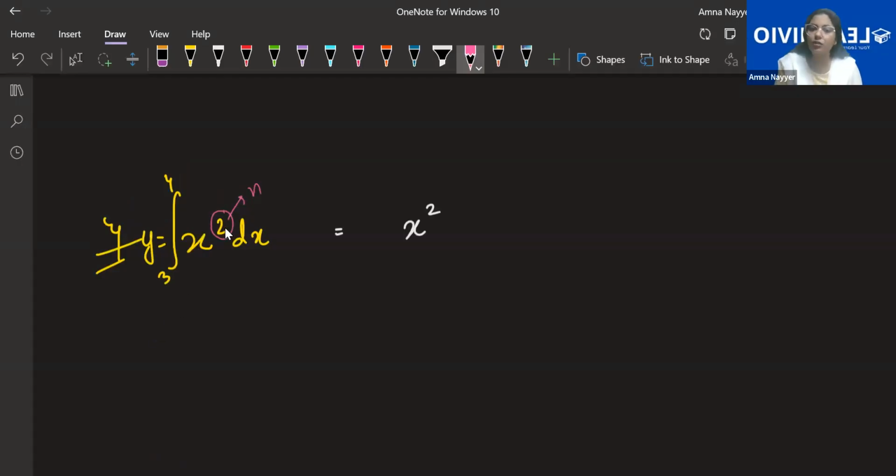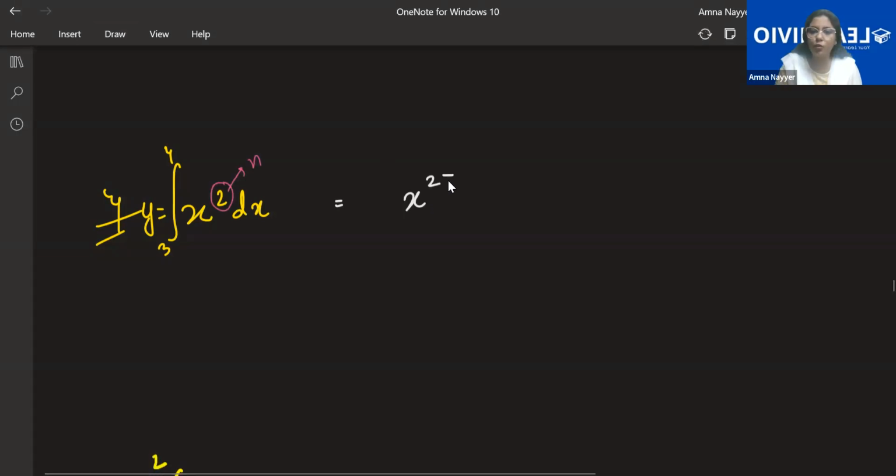Like in differentiation also this used to be our power. So this will be 2 plus 1, right? x to the power n plus 1. For the denominator, we write the same thing, 2 plus 1 only. And put the limits as they are. Don't insert them yet.